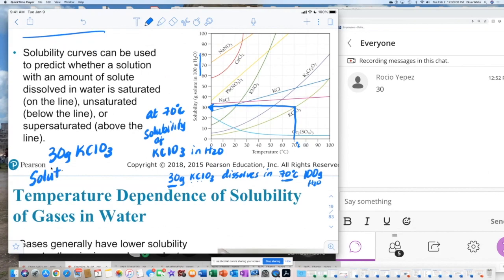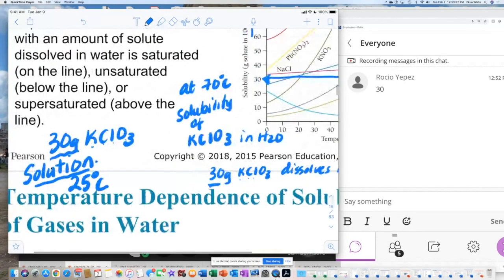That means that all of it got dissolved in there, but the temperature is now only 50 degrees Celsius, not 70 degrees Celsius. Or you know what? Let me make it room temperature. The temperature is 25 degrees Celsius, but I managed to get all 30 grams of KClO3 to make a solution. How would you describe this solution? What name will you give this solution here?